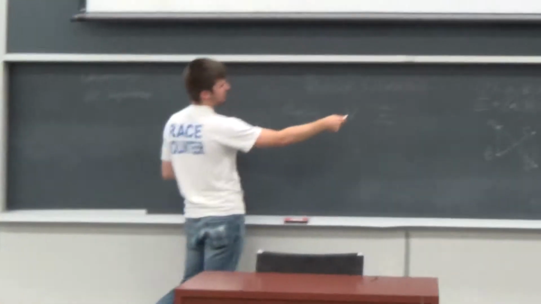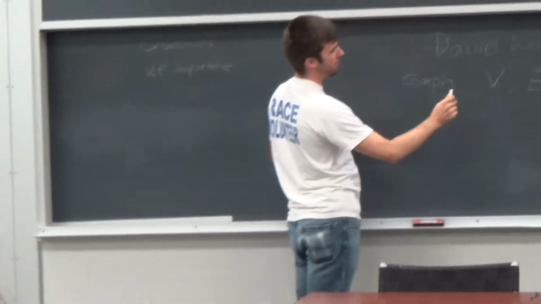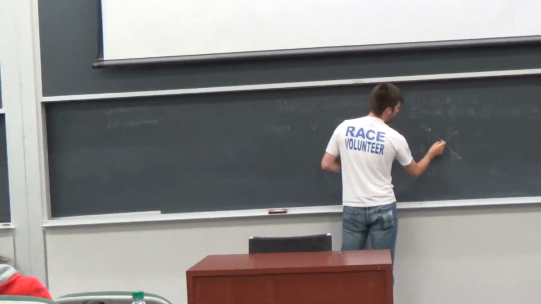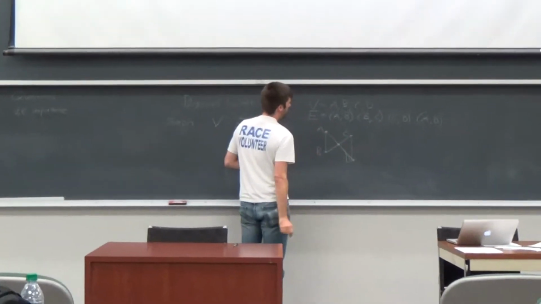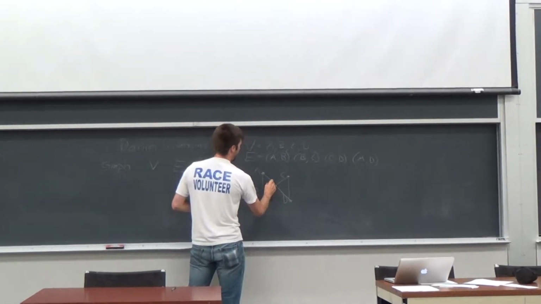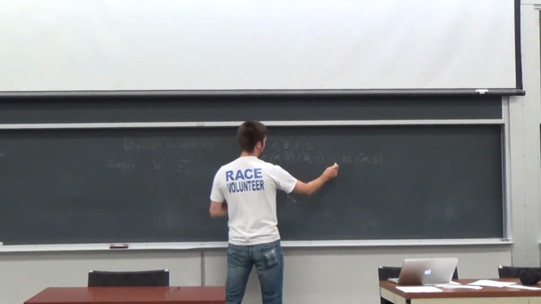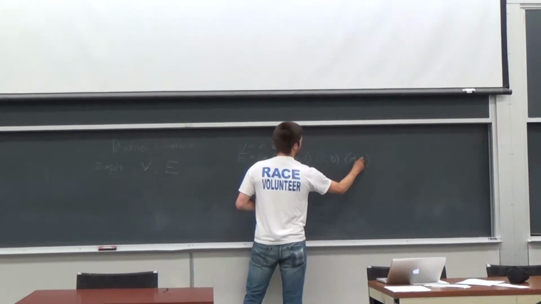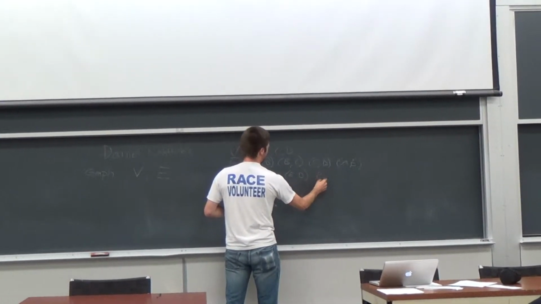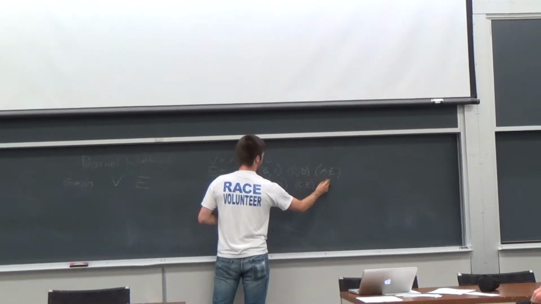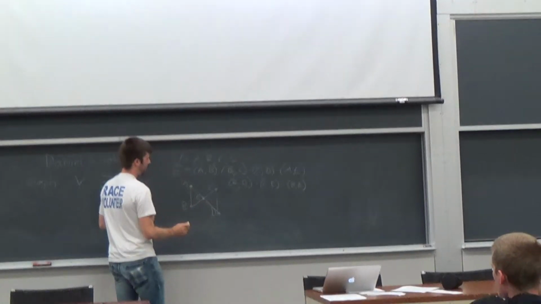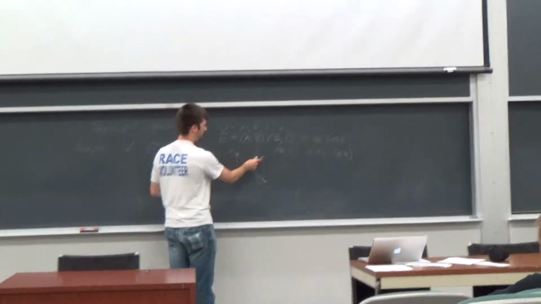On this example, all of the points have an equal number of edges going through them. But if we were to add another vertex right there, say that's E, and then instead of A to D, we would have A to E, E to D, C to E, and B to E. All of a sudden we have one point that is a lot more important than the other ones.